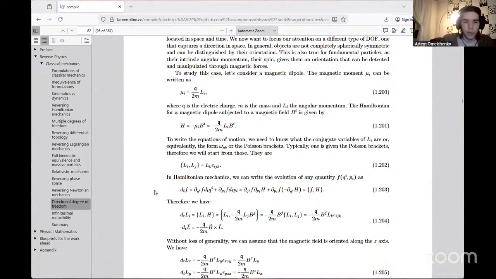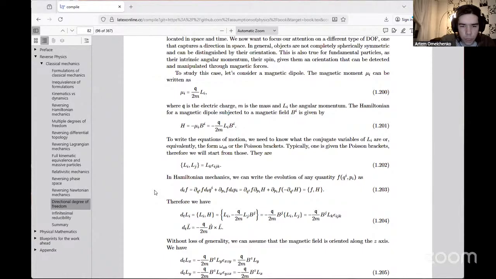In Hamiltonian mechanics, we can write the evolution of any quantity f of q and p as the time derivative of f, then we rewrite that via the chain rule.